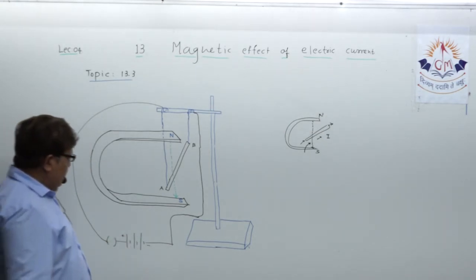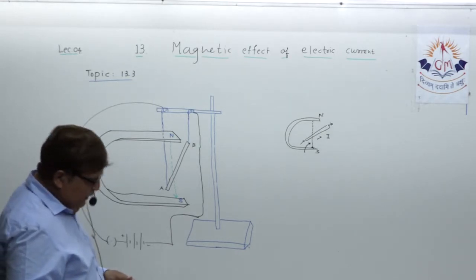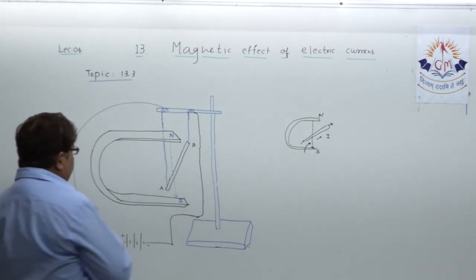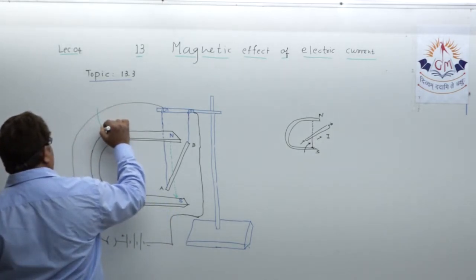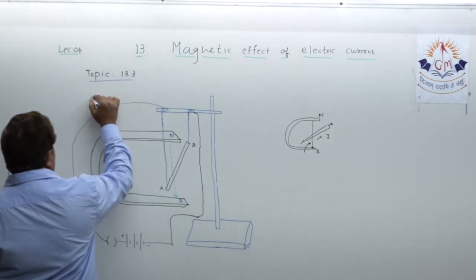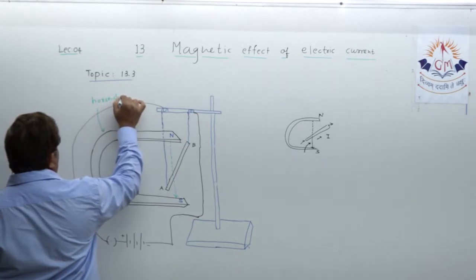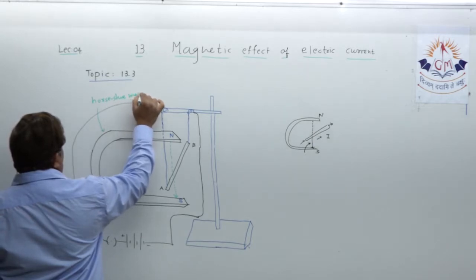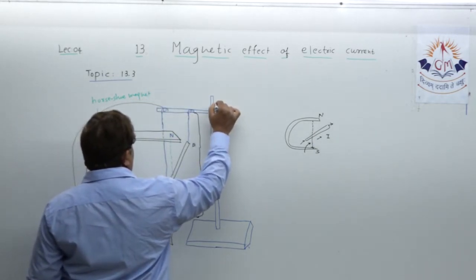Okay. So suppose, my dear students, these are some of the instruments which we require to understand this experiment. What is this? This is a horseshoe magnet. What is this? A stand.